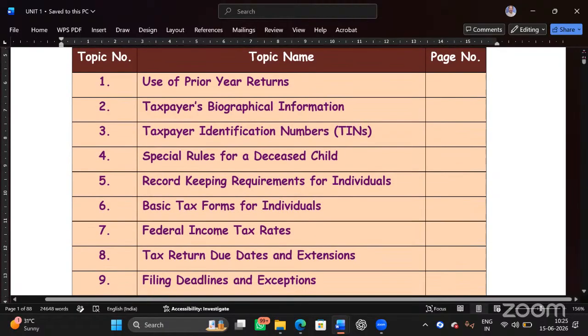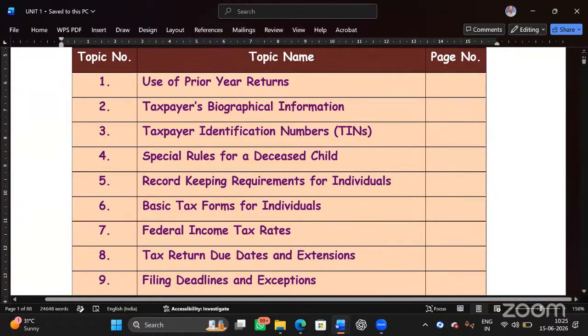Coming to the third one, taxpayer identification numbers. In India, the Income Tax Department issues an important number, PAN, Permanent Account Number. That kind of situation is not there in the US. One common number is issued, the Social Security number.